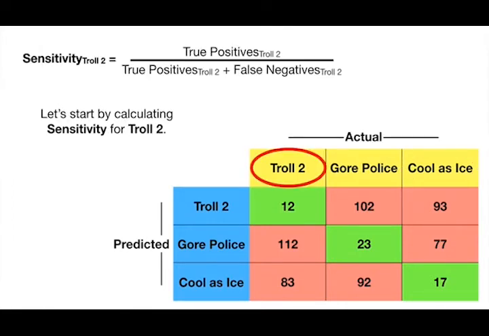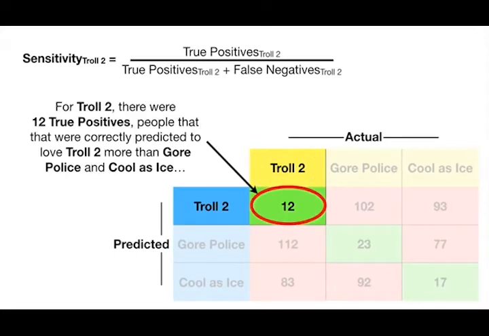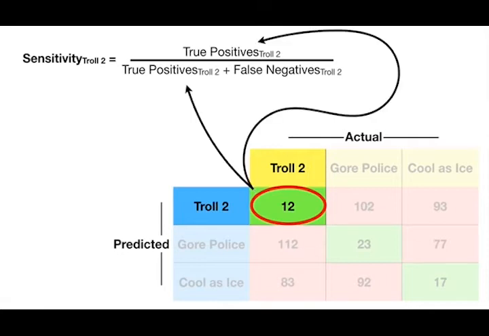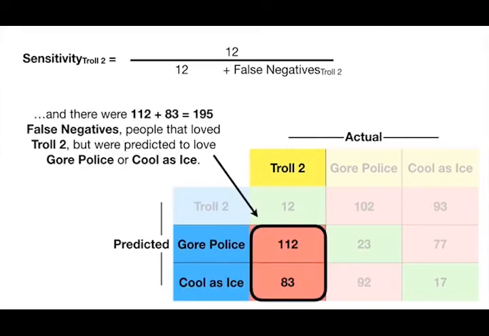Let's start by calculating sensitivity for Troll 2. For Troll 2, there were 12 true positives, people that were correctly predicted to love Troll 2 more than Gore Police and Cool as Ice. So for true positives, we'll plug in 12. And there were 112 plus 83, which equals 195 false negatives, people that loved Troll 2 but were predicted to love Gore Police or Cool as Ice.